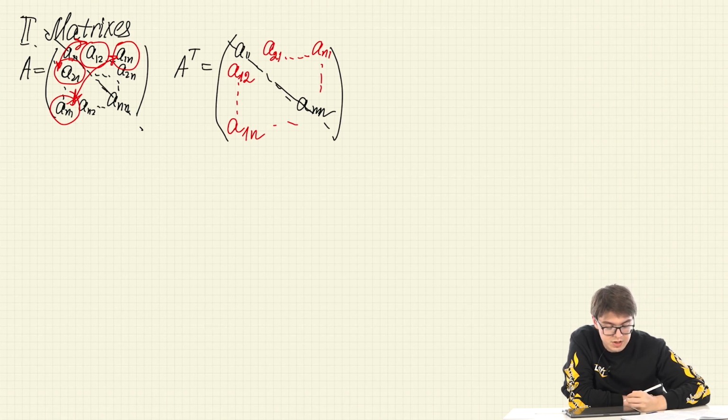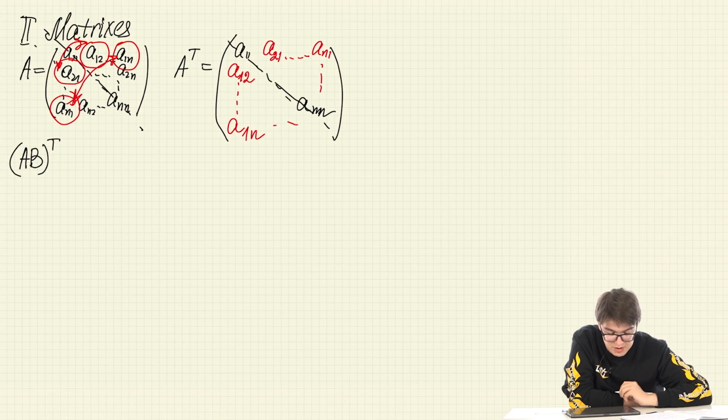The interesting thing is how to rewrite such an expression where the matrices are multiplied. You can see that the result won't be A transposed over B transposed.